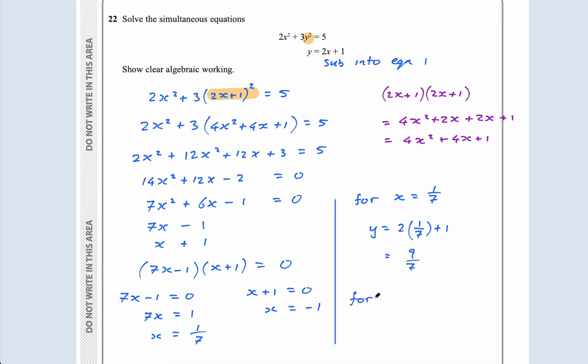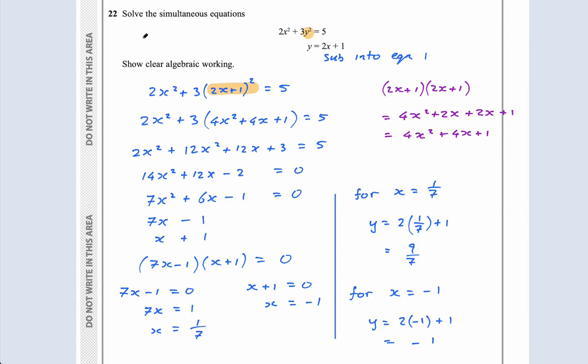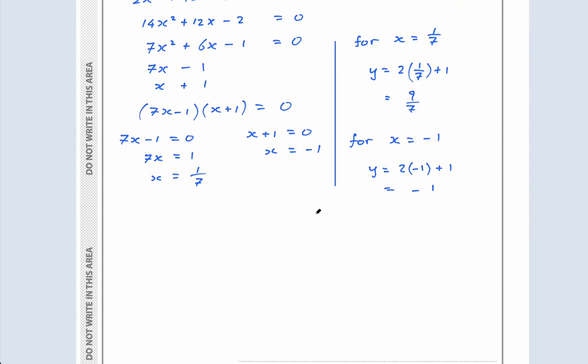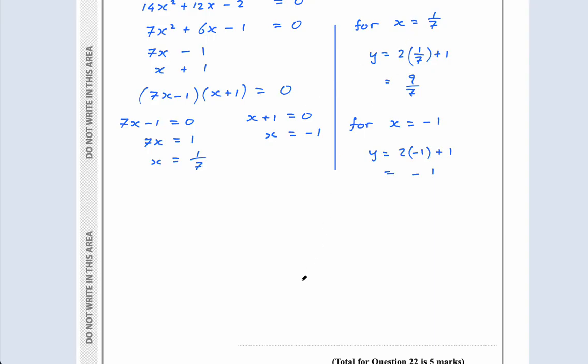And here for x equals negative 1, y is equal to 2 times negative 1 plus 1, which is negative 2 plus 1, which is also negative 1. Okay, done. Now the only thing, guys, to be careful of, it says you have to put the correct x with the correct y.